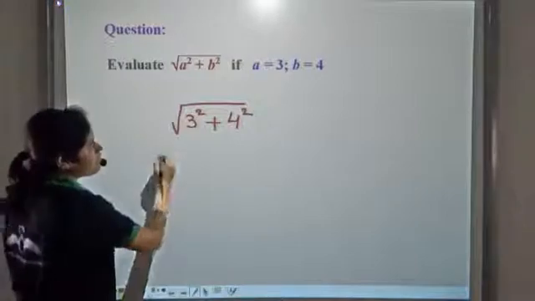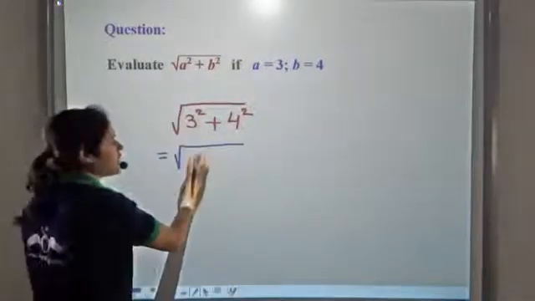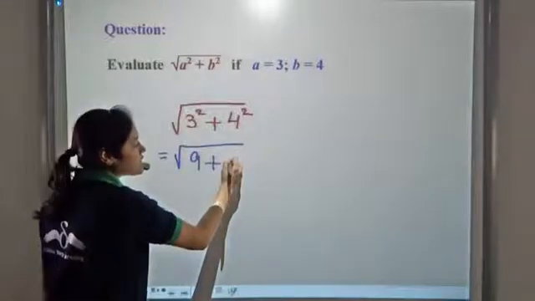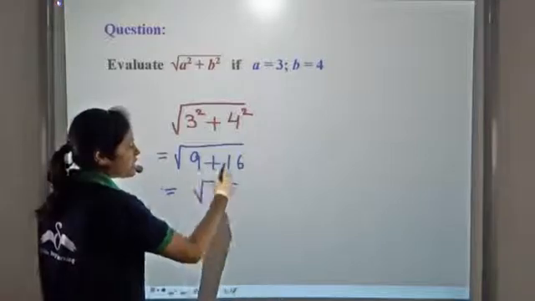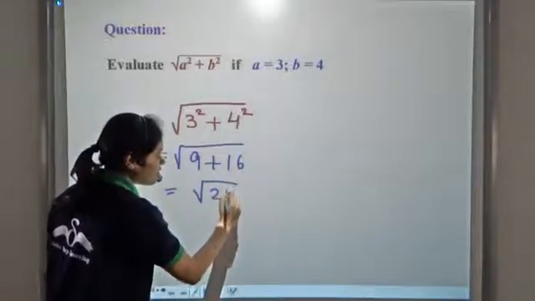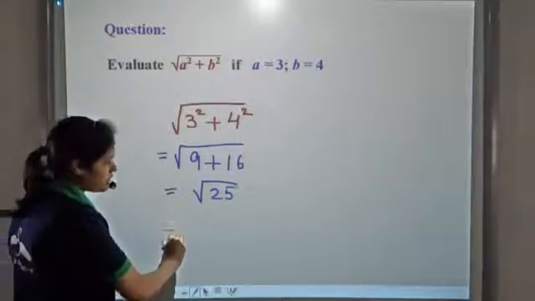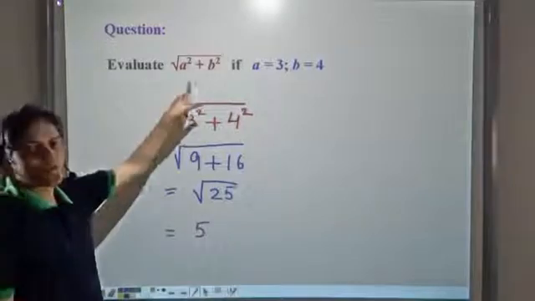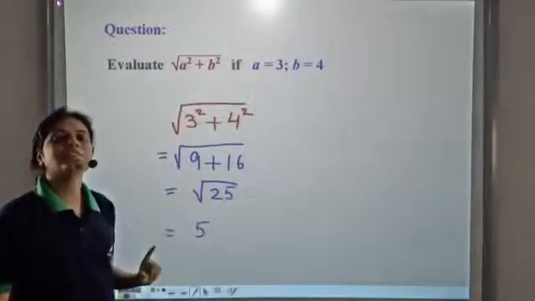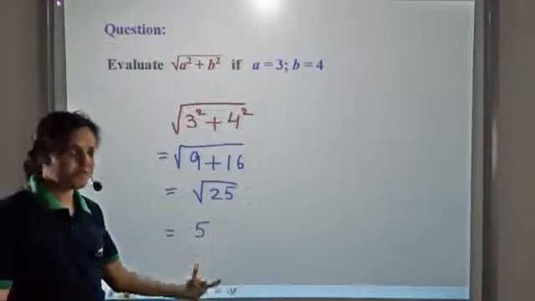So 3 square is 9, 4 square is 16. So this is root over 9 plus 16, 25. What is root over 25? It is 5. So the value of this expression when a is equal to 3 and b is equal to 4 is 5.